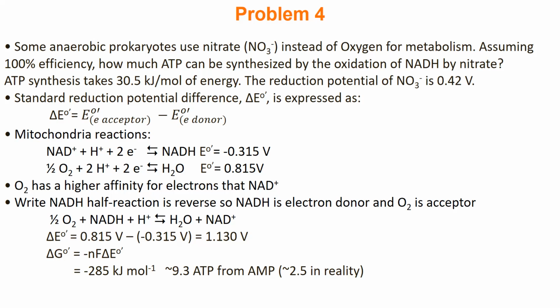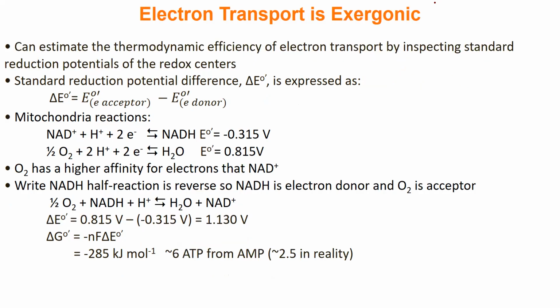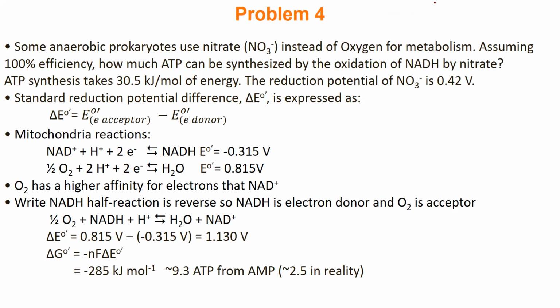So let's see if you can do that calculation. How many ATPs can you theoretically make by using nitrate instead of oxygen? Take some minutes and try to work through that math. I have the oxygen problem up there for you to look at and use as a guide.